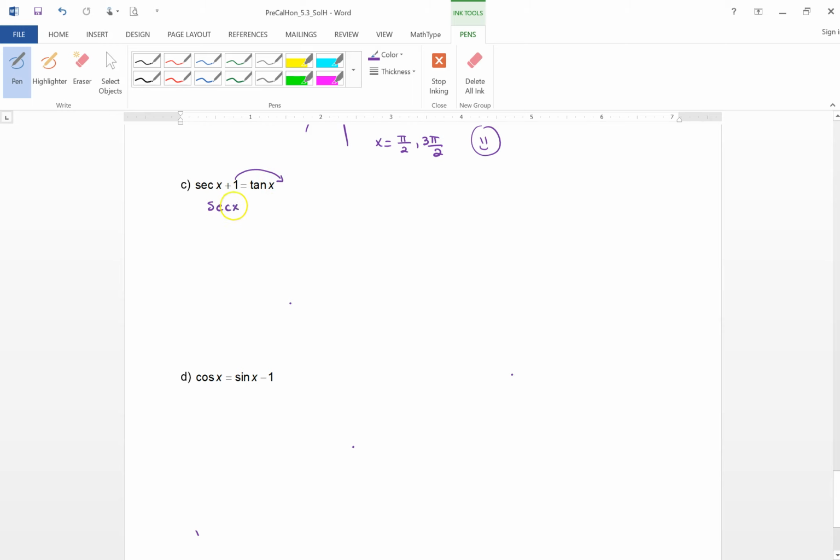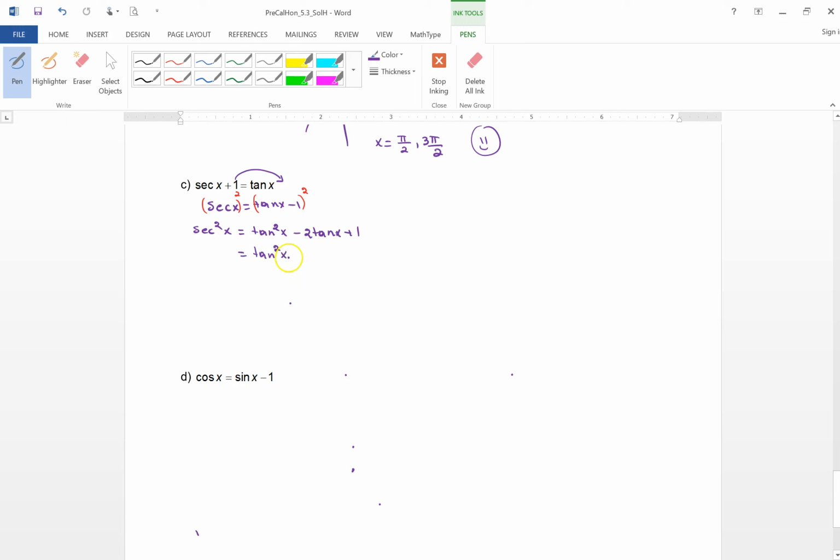So I have secant of x equals tangent of x minus 1. Now, because the identity is in squares, I have to square both sides. So secant squared x equals tangent squared x minus 2 tangent x plus 1. And I'm going to take the secant over to the other side as well.